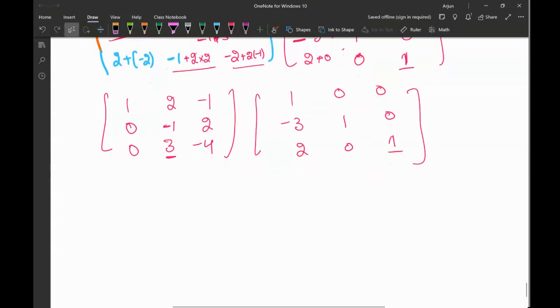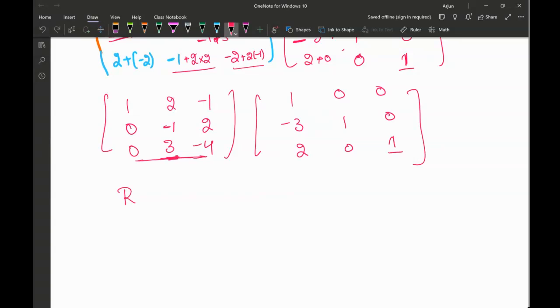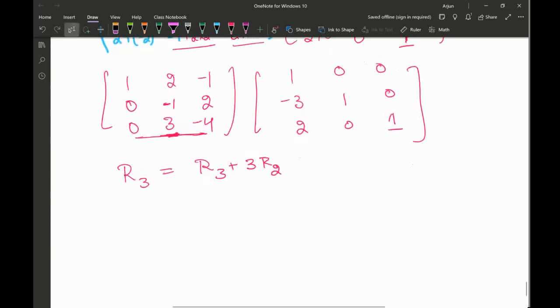So the next step, I will apply the operation on this term, on R3 actually. R3 equal to R3 plus 3R2. That's what I'm going to try and do.